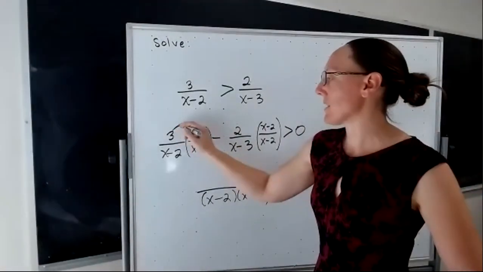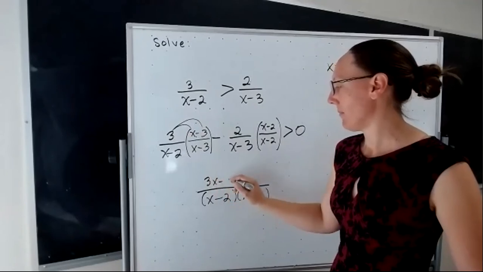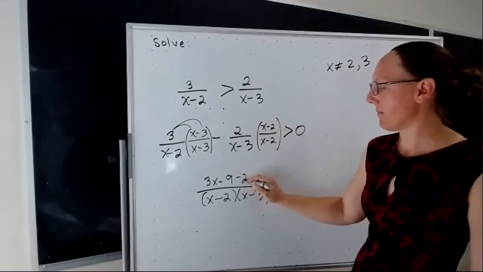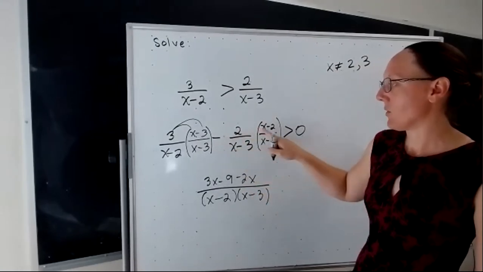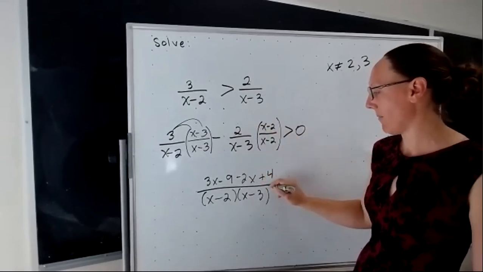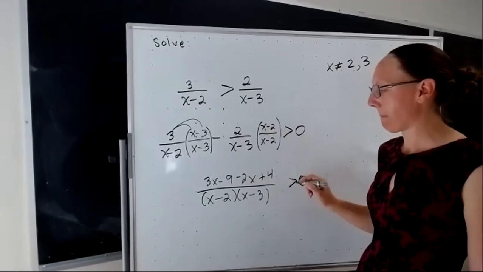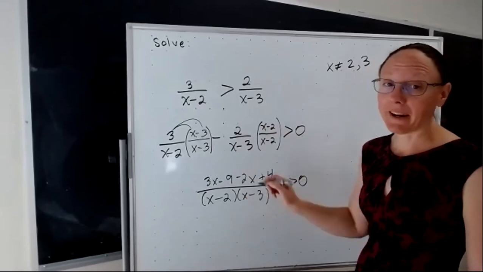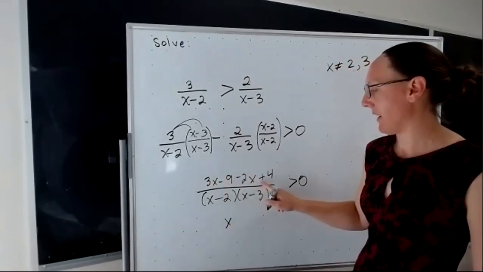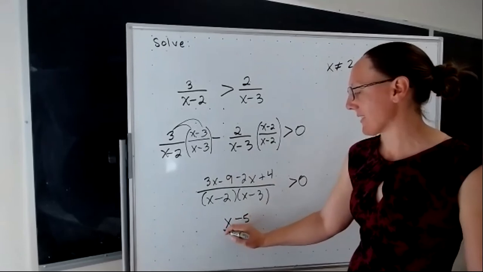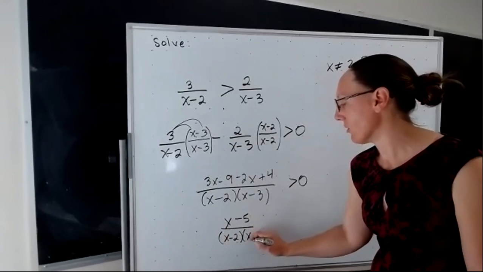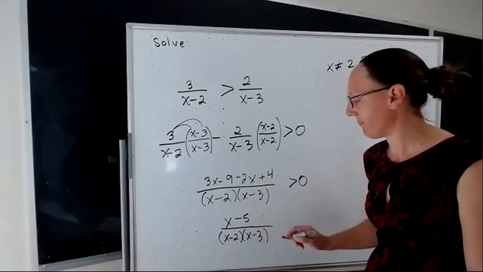So I've got a 3x minus 9, and I've got a negative 2x. Negative 2 times negative 2 is going to give me a positive 4. And when I combine all of that together, 3x minus 2x is going to leave me with an x. Negative 9 plus 4 would give me x minus 5 all over x minus 2, x minus 3.